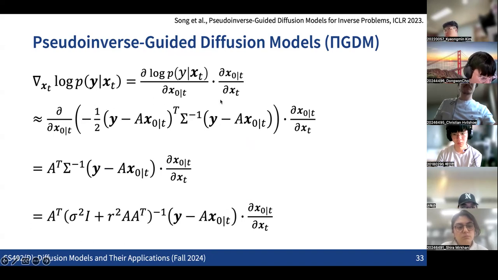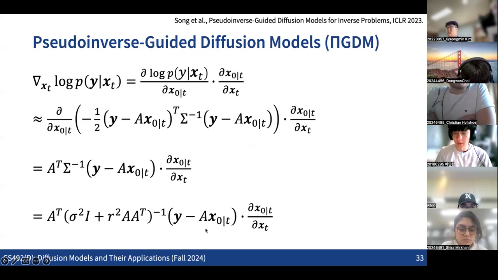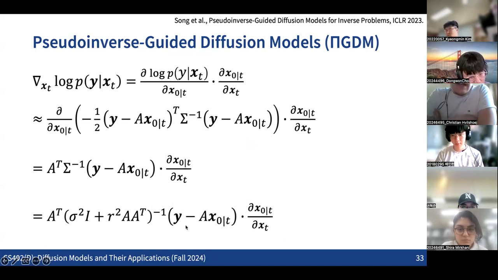From the chain rule, what you can see is that now we are calculating this factor. And if you also see this factor, this is nothing but taking the difference between the measurement and the prediction of x0 multiplied by A here, right? So this x0 by t is the prediction of x0 at every time step t.